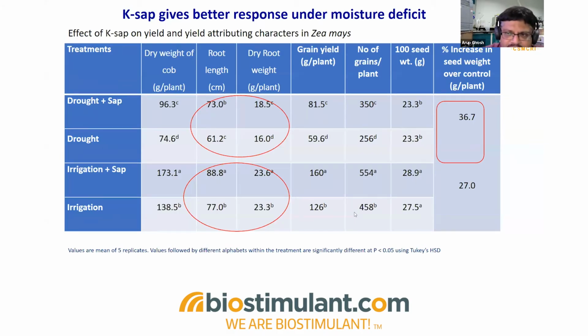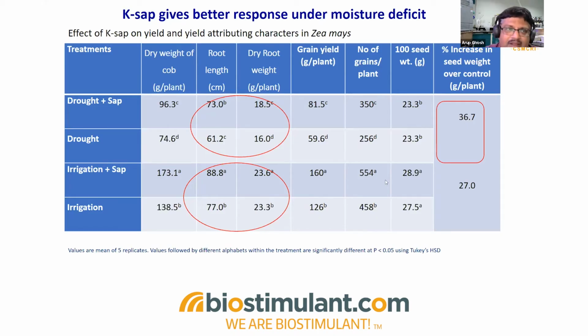biostimulant under drought condition. And that's what this particular data shows, wherein we found an increase in seed weight over control of about 36% in case of drought condition, whereas under well-watered irrigated condition the use of biostimulants could only increase by 27%.